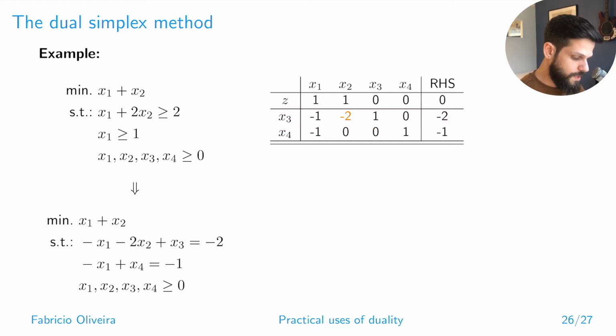To decide who is going to enter, I have to look at my v vector, which is this, and see which components are negative. I have these two. So I have to do my ratio between this and the modulus of that, this and the modulus of that, and pick the smallest, which in this case would be half. So this column with this row gives me this pivot element.